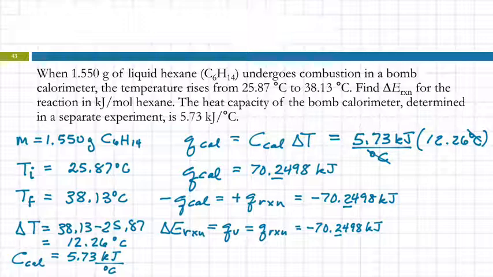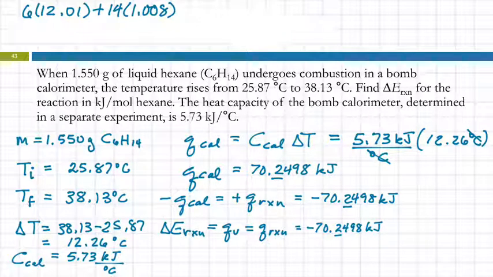So we've got hexane, 6 times 12.01 plus 14 times 1.008, which is 86.172 grams per mole for hexane.